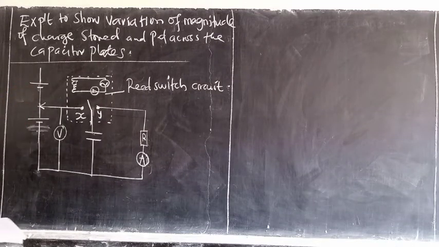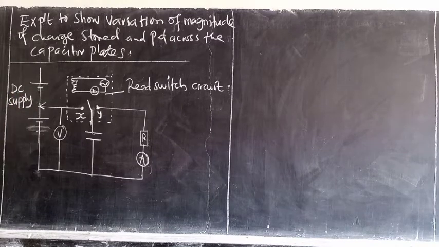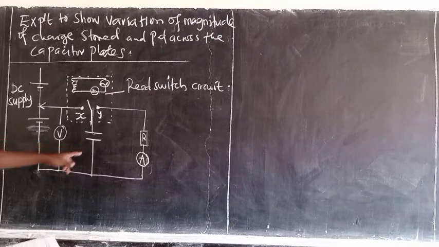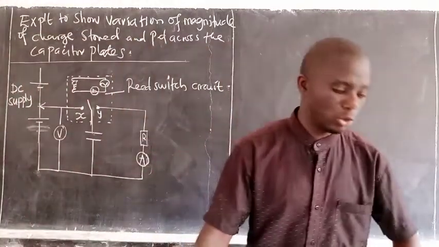And then we have a DC supply here, and then this is the voltmeter to measure the voltage across the capacitor plates, etc. So you can see all those ones as I continue to explain.